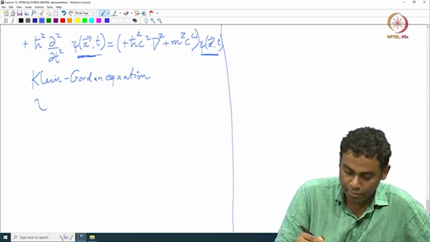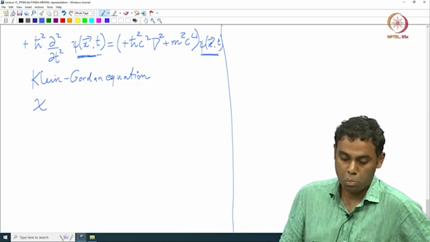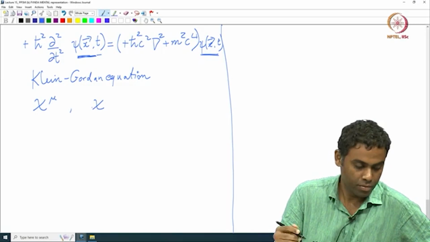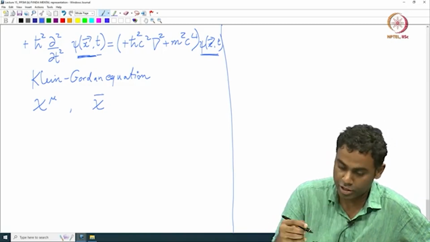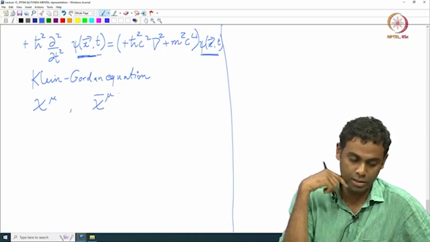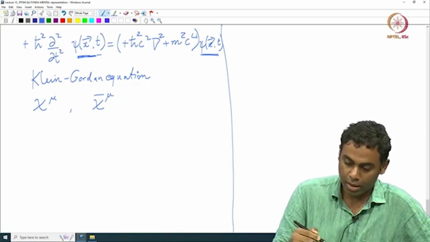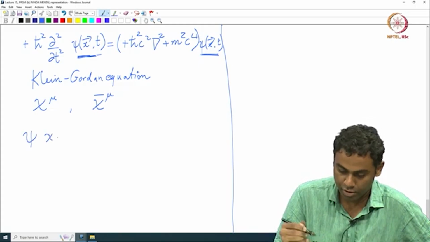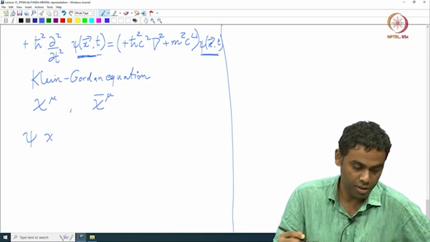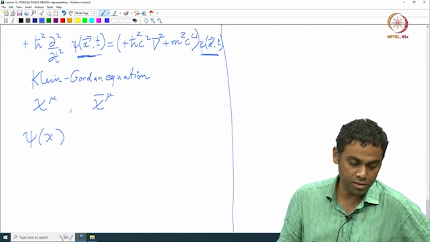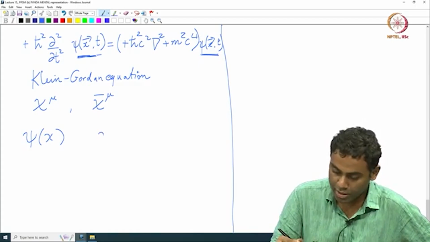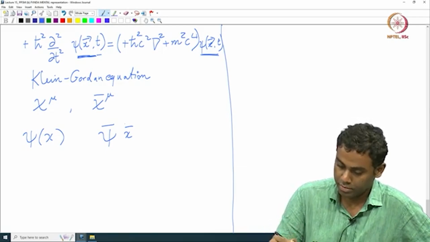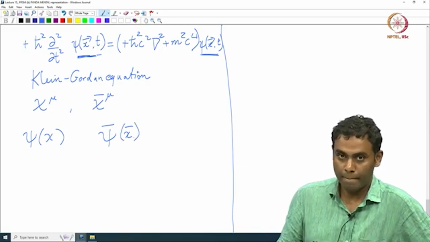if in one frame the coordinates are x mu and in another frame the coordinates are, in Srednicki's notation, x bar mu, then somebody measuring the wave function or the field in the first set, if they get psi of x, somebody measuring in the second set would get a psi bar of x bar, agreed.